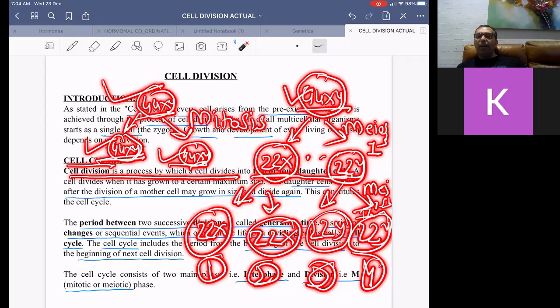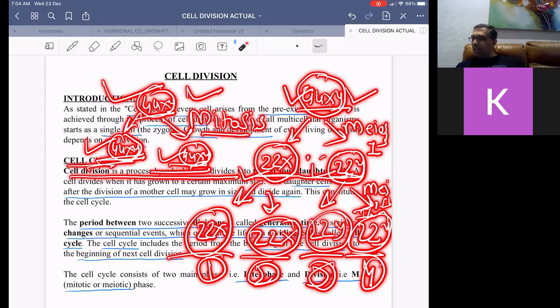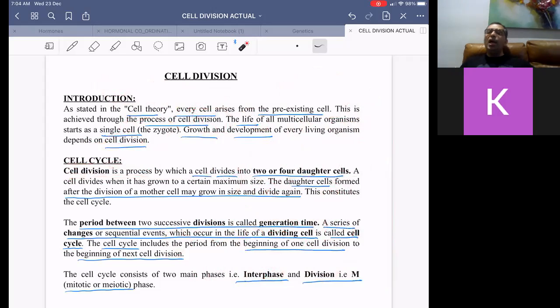So chromosome number becomes half, and two cells divide to form four cells. So a diploid cell forms two diploid cells, that is in mitosis. In meiosis, a diploid cell forms two haploid cells, and two haploid cells form a total of four haploid cells, which is meiosis 2. This we had done when we had done reproduction. Here we are doing it in more detail.